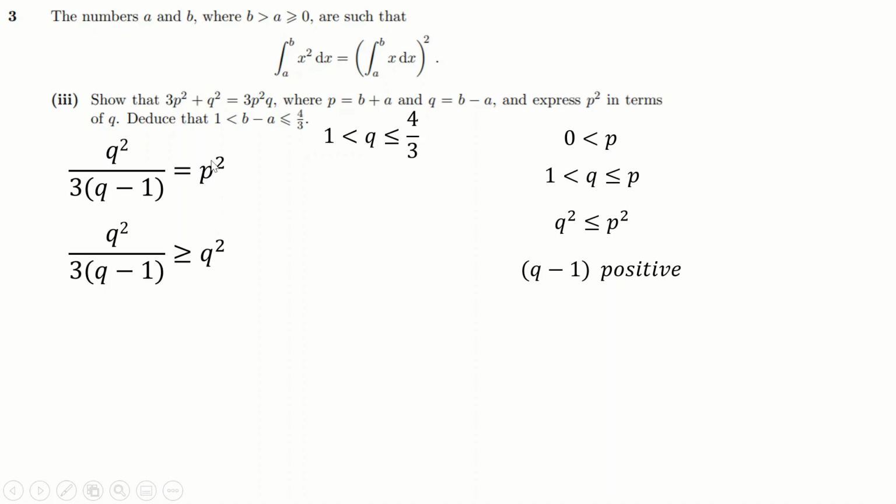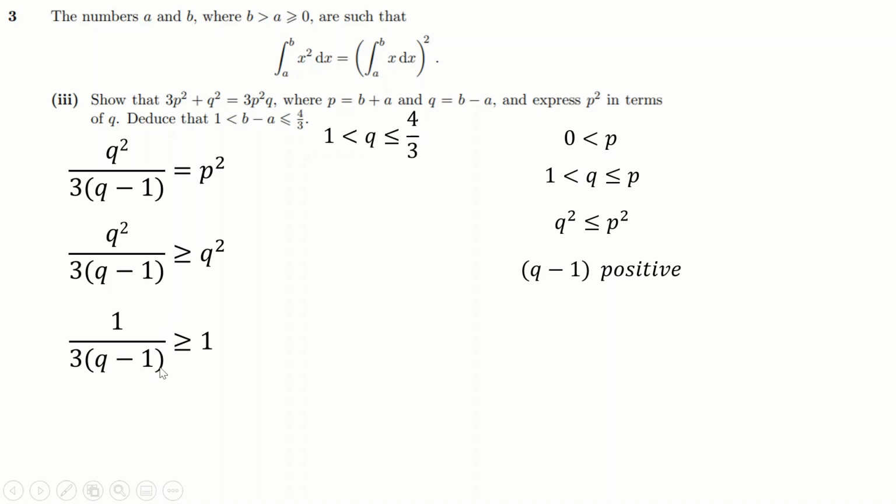Which means this side now must be the bigger side. They were equal. I made this side smaller, so this side must be the bigger side now. Okay? Now, q isn't 0 because q is bigger than 1, which means I can just divide by q squared because it's not 0 and because it's positive. Otherwise, the sign might flip. And now I get to this, and this looks great.